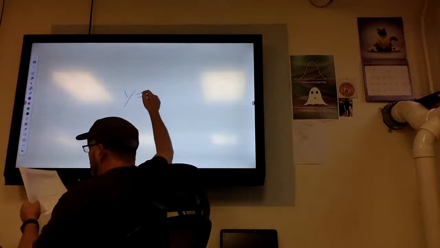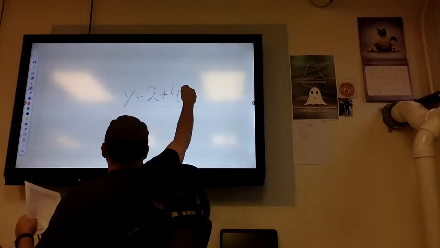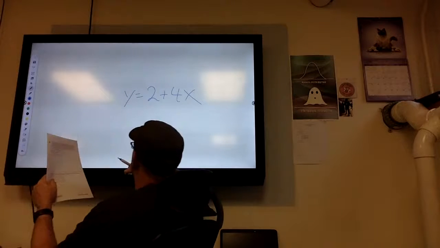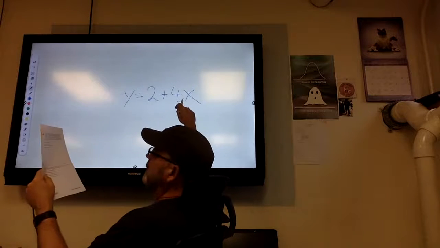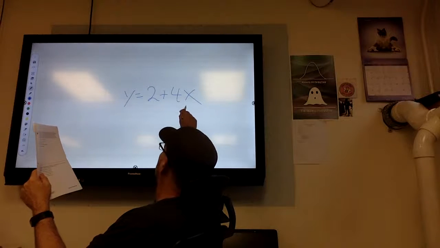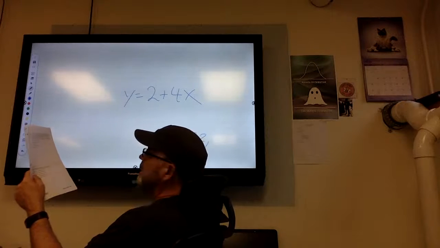The random variable y is defined as y equals 2 plus 4x. And remember, the mean is 4, so you put on mean. The mean of x is 5, so you're going to have 4 times 5 plus 2, 22 for the mean.